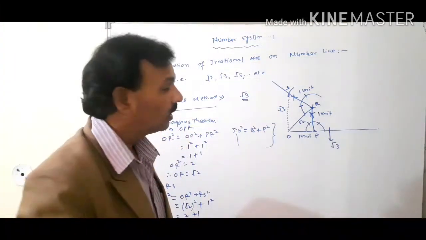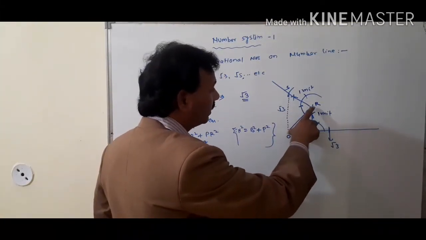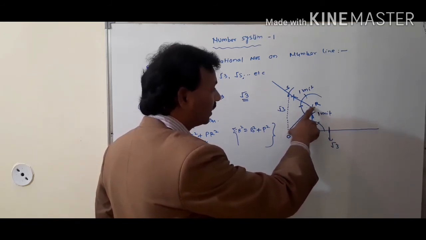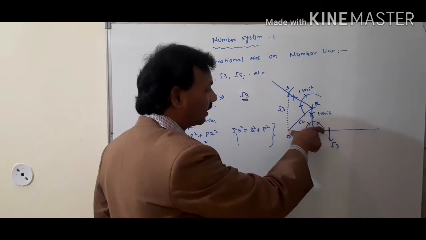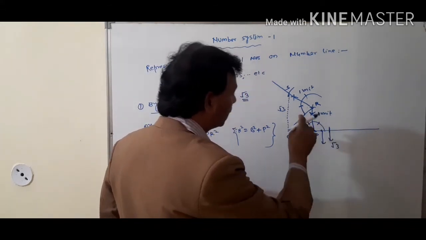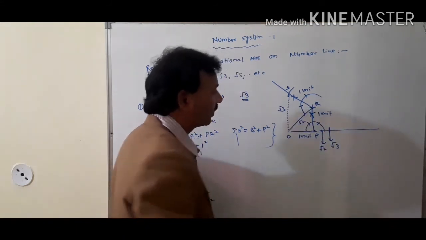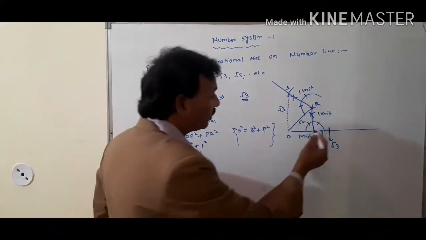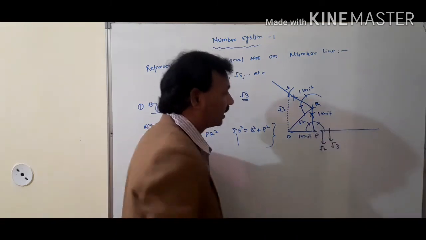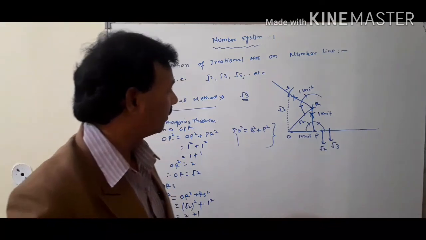And if you want to represent root under 2 on this number line, take the length of OR in your compass and cut another arc on the number line. If this point is cut equal to OR, then this point will be root under 2. On the number line, this point represents root under 2 and this point represents root under 3. And this method is known as the spiral method.